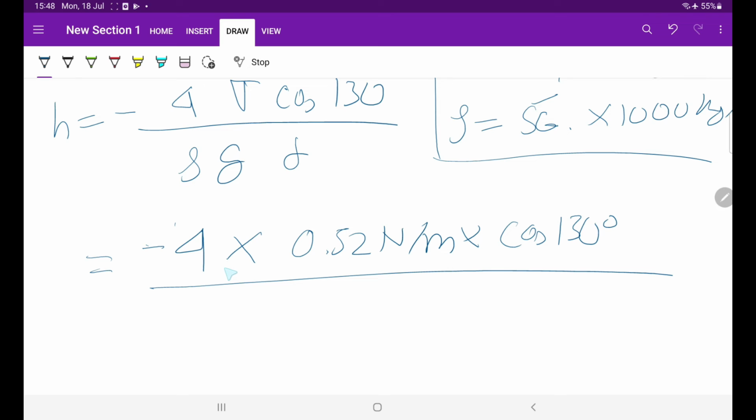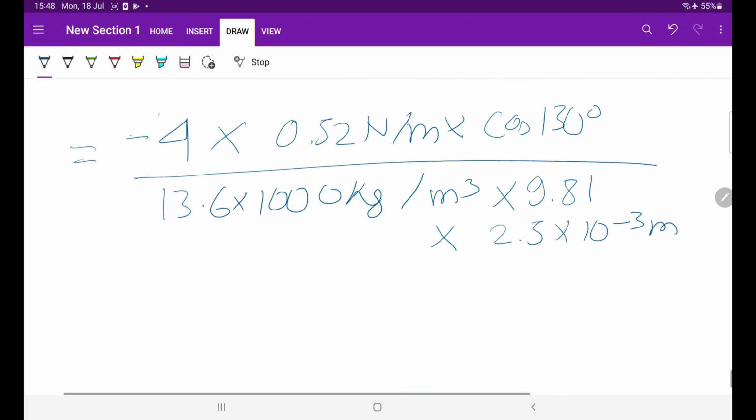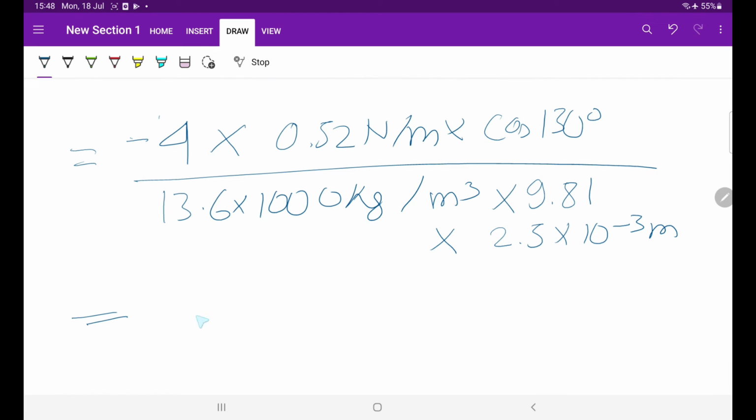Rho we know 13.6 into 1000 kg per meter cube, into g, acceleration due to gravity, 9.81, and d is 2.5 into 10 to the power minus 3 meter. All this will come out as minus 4.0085 into 10 to the power minus 3 meter.